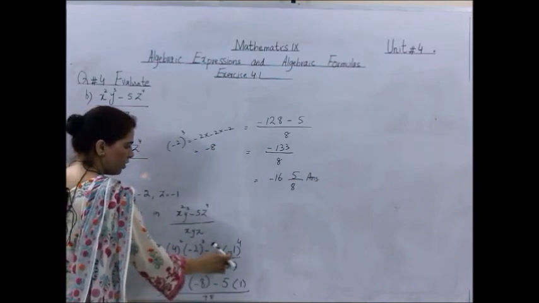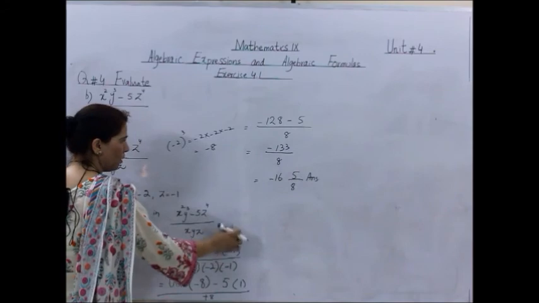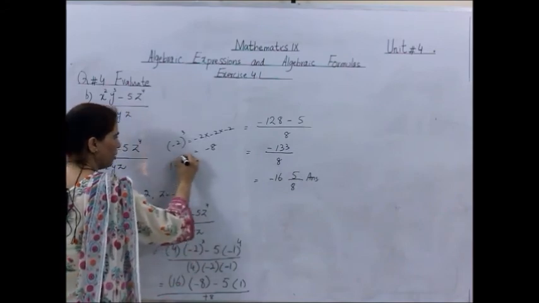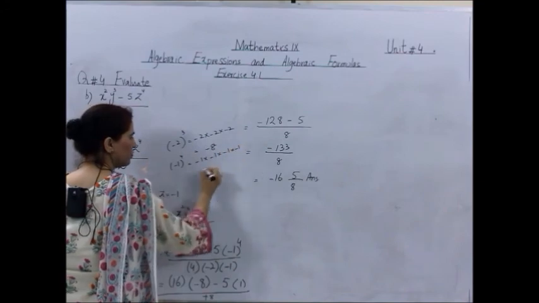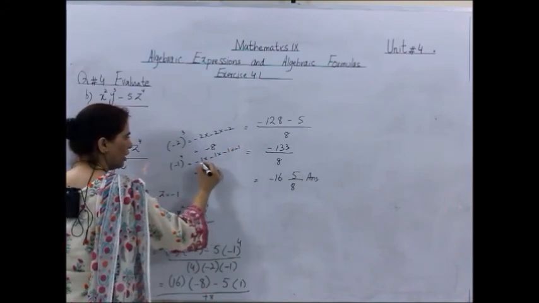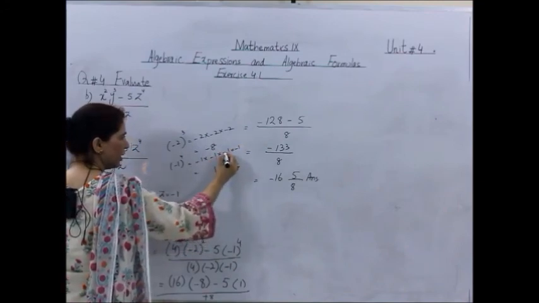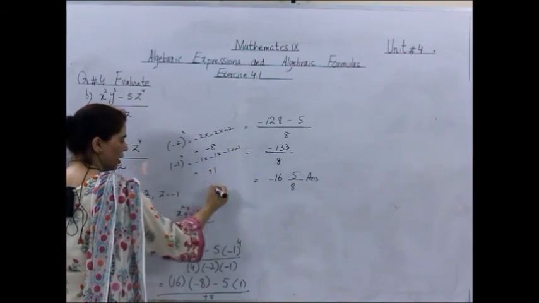Then 5 times (-1)⁴ means you have to multiply -1 four times. 1 ones are 1, with signs minus, plus, minus, plus.